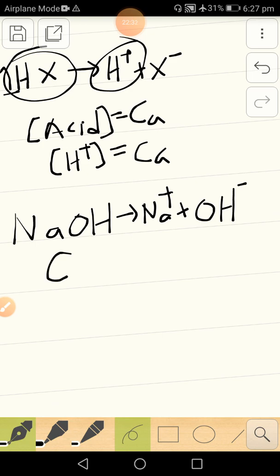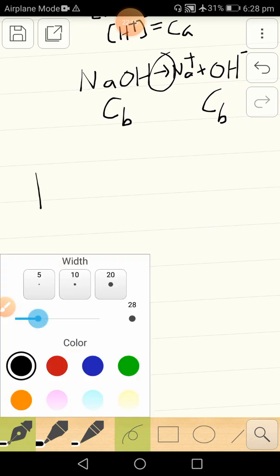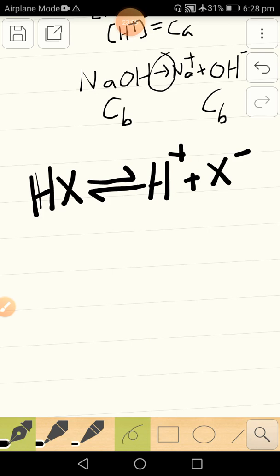So if the concentration of sodium hydroxide is Cb, then the concentration of hydroxide would also be Cb. This is because it's a complete dissociation. Okay, but this would not be the case for weak bases or weak acids. For example, if this HX is a weak acid, then it would undergo a reversible dissociation producing H plus and X minus.